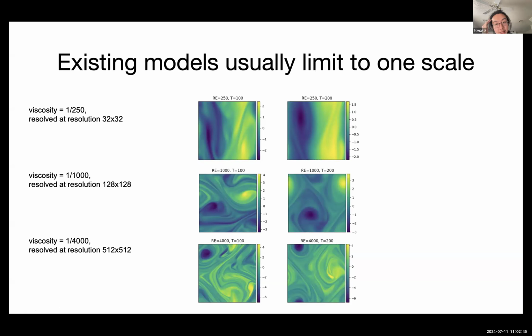We know that the same underlying equation governs all of these datasets. So we hope to use one model to train on all of these datasets and evaluate on all of them. Because the underlying equation is the same, just with different viscosity or Reynolds number parameters, it's more well-defined to have one model learning the solution operator of these underlying equations.